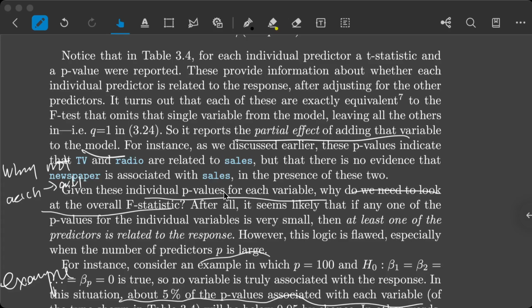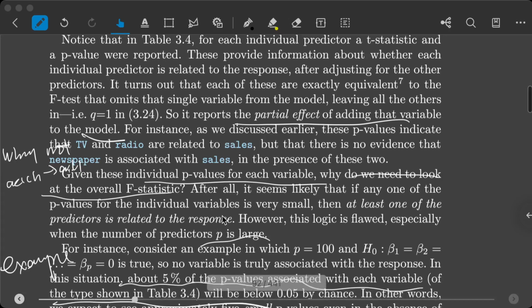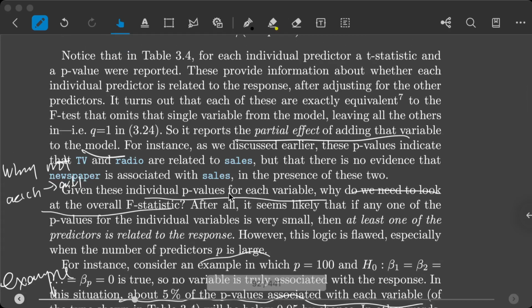A natural question would be why we need the F statistics to estimate at least one, because we have already checked each of them. In this part it also says that they are totally different things.